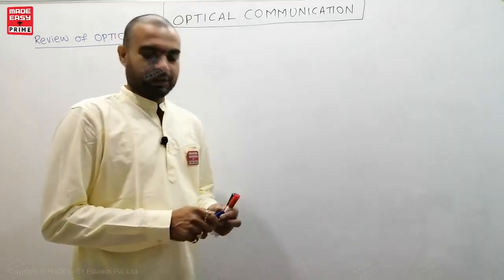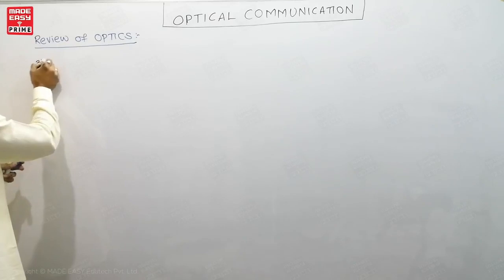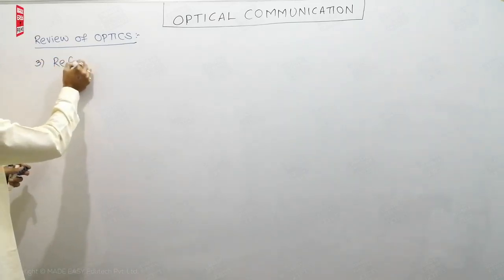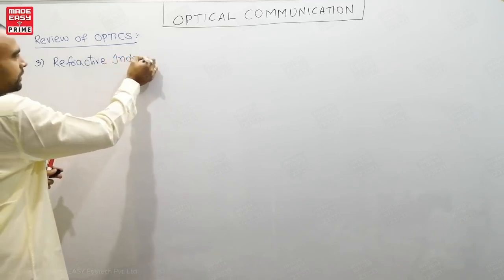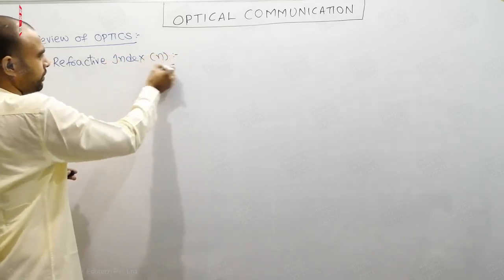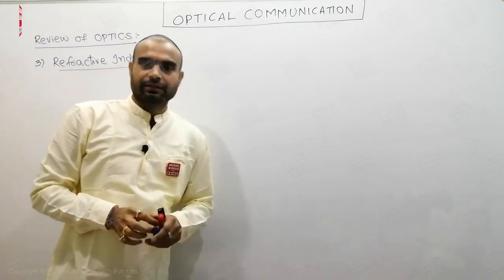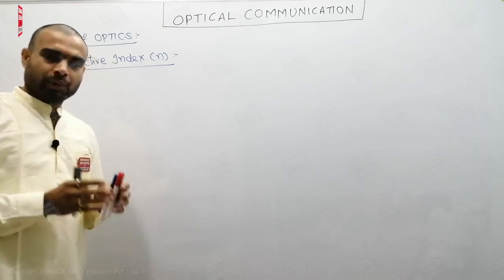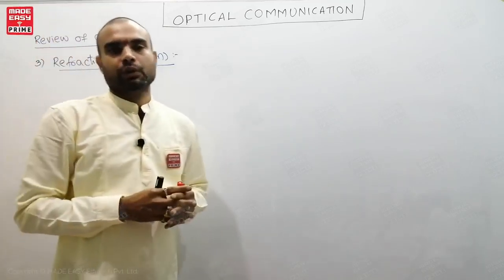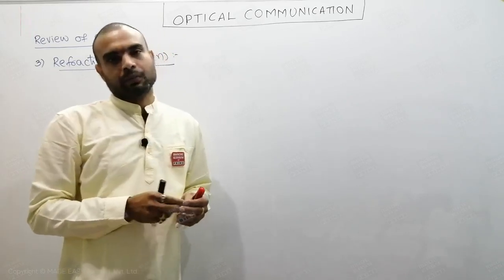Okay. Next one is refractive index, which is denoted by small n. Refractive index is defined as the ratio of velocity of light propagating in vacuum to that of velocity of light propagating in a medium.